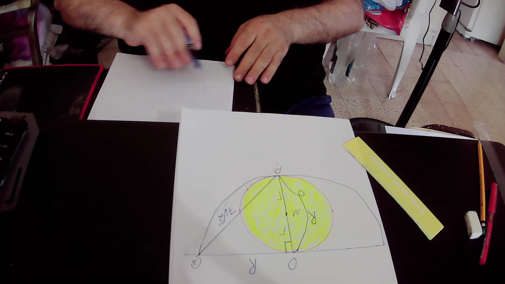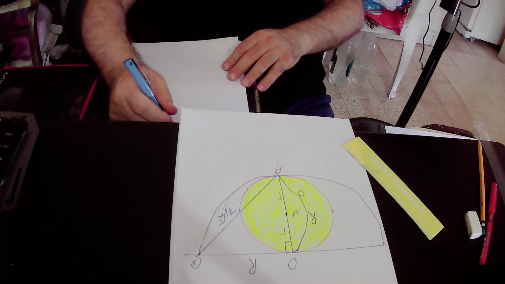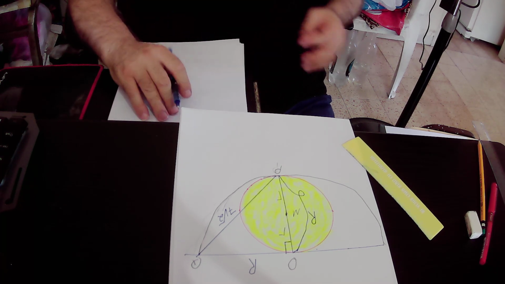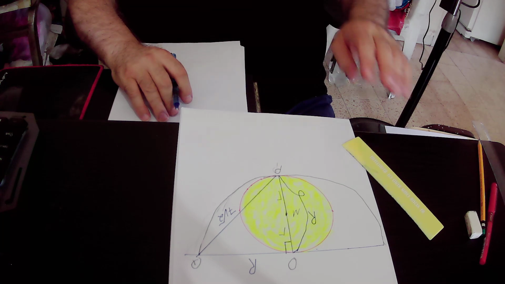Okay. I will repeat again that the Pythagorean theorem is true only for right triangles. It applies only to right triangles.